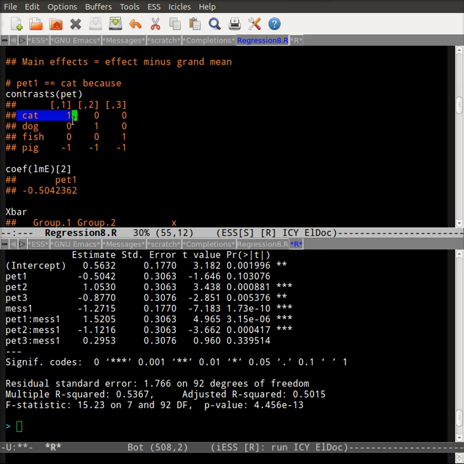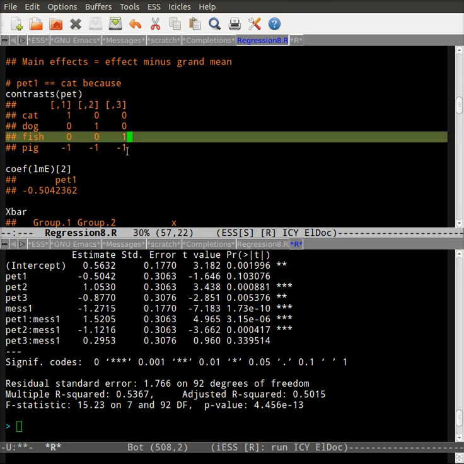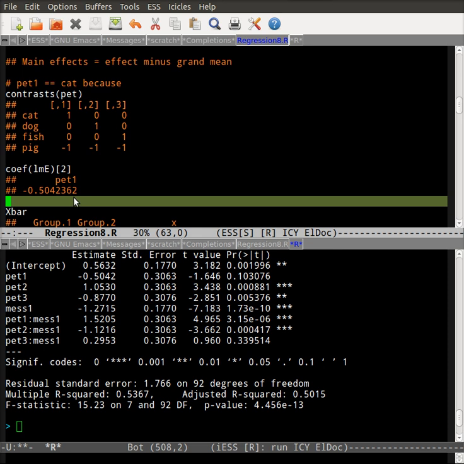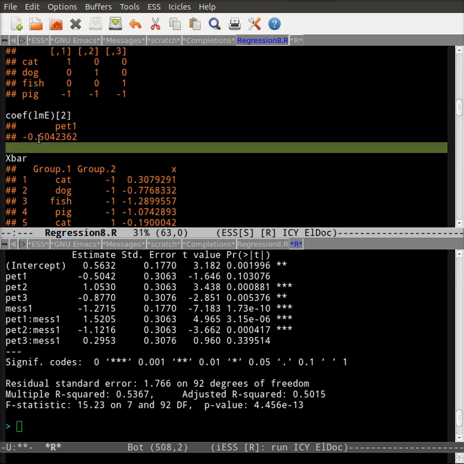Pet 1 is cat, pet 2 is dog, and pet 3 is fish. So if I look at pet 1 has a -0.5, so that's the coefficient, that's the B for pet 1.